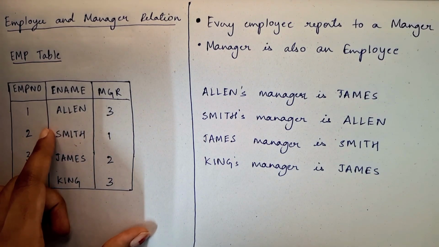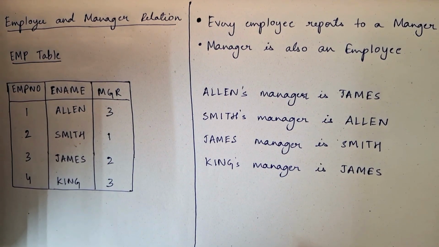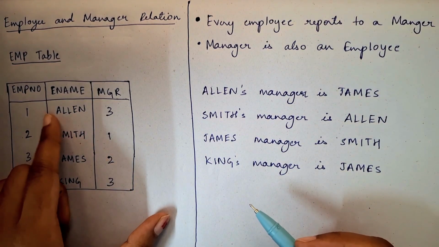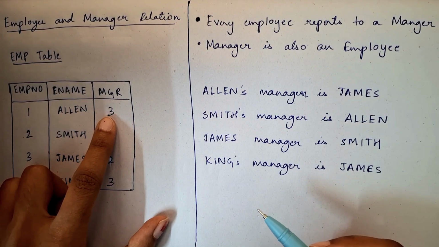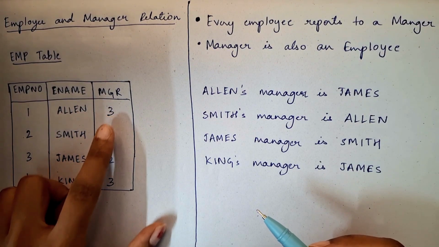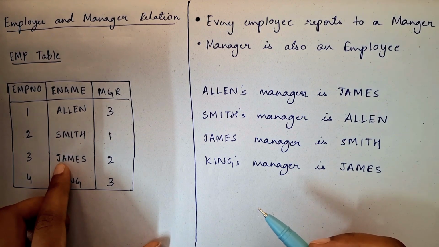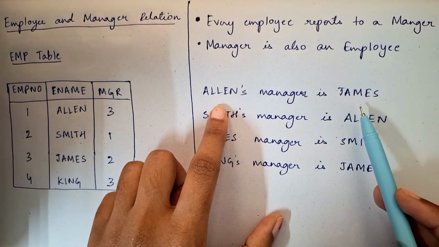That means the manager of an employee is also present as an employee in the table itself. Let's understand this step by step. Take Alan. Alan has MGR 3. Now, if you check employee number 3 in the same table, that is James. So we can say that Alan's manager is James.